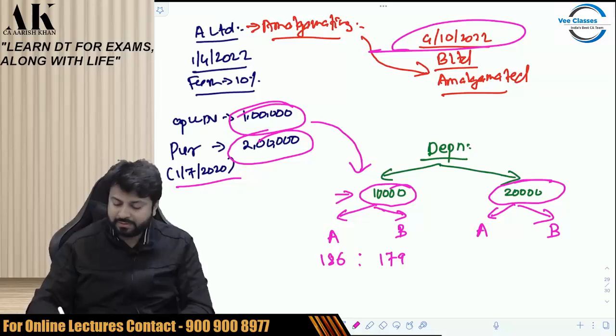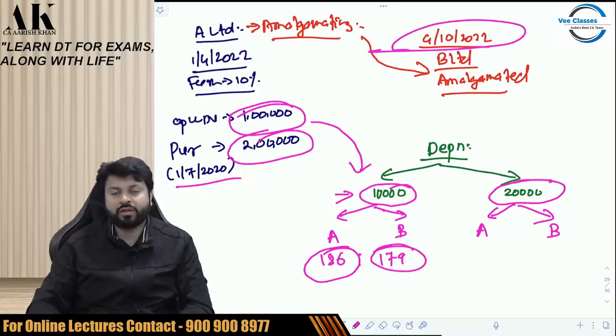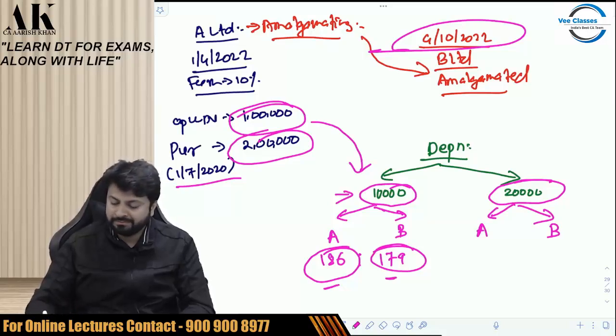So 186 plus 179 comes to 365. We have to divide this entire depreciation in this ratio, the ratio of the number of days the assets are used. I got 186 from 1st April to 3rd October, and I got 179 from 4th October to 31st March. You can compute that.